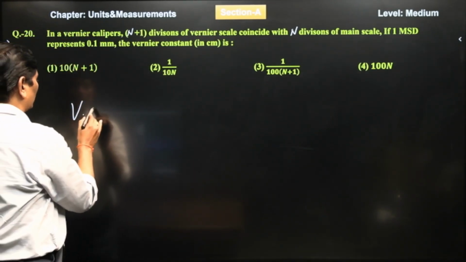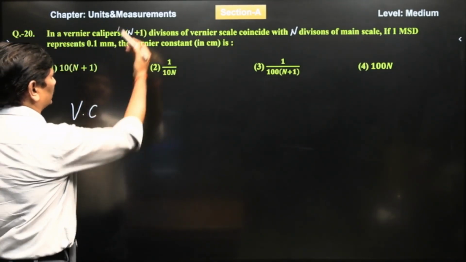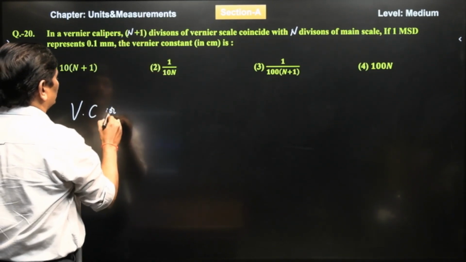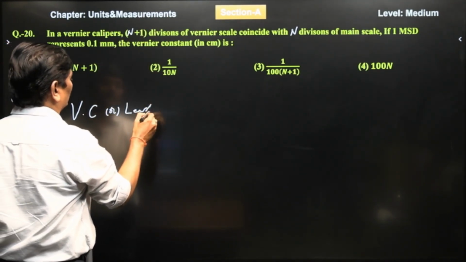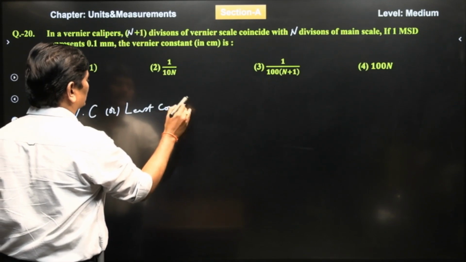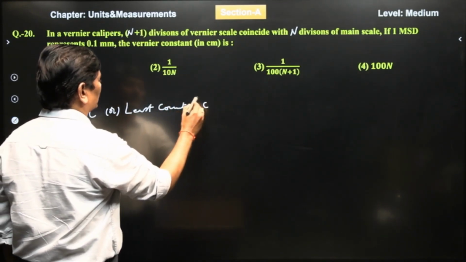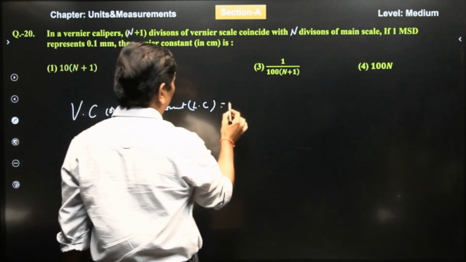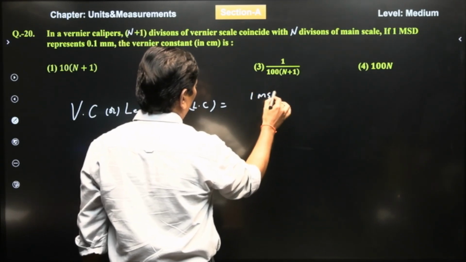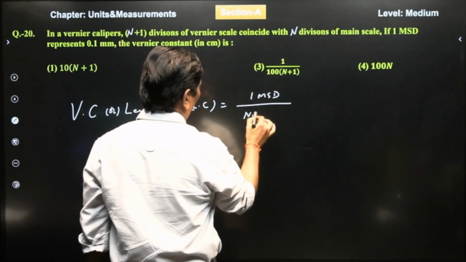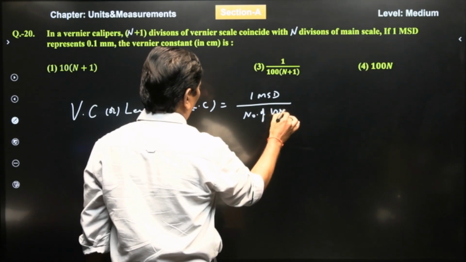We know vernier constant, or least count, LC. That is one main scale division divided by number of vernier divisions.